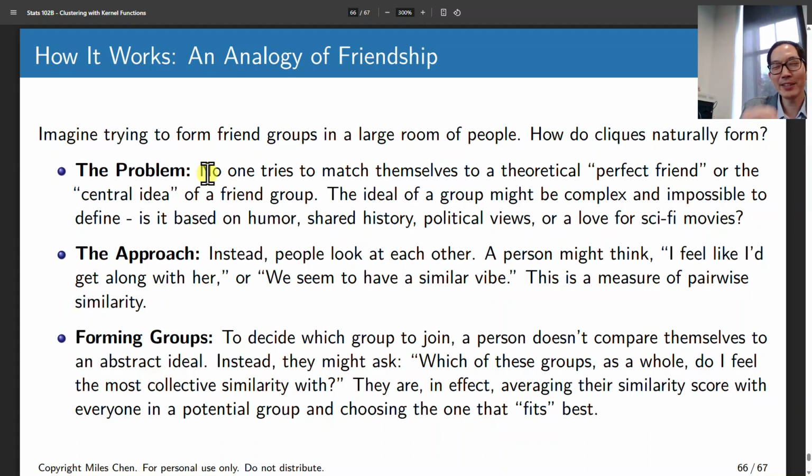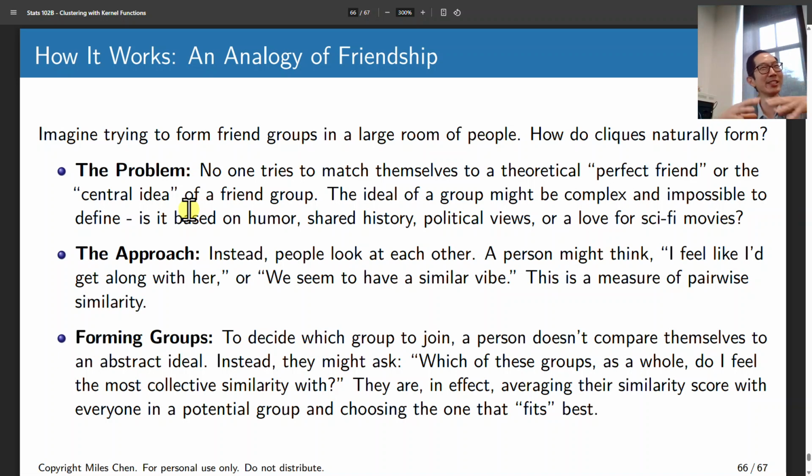The problem is that no one tries to match themselves to a theoretical perfect friend or the central idea of a friend group. In movies, it's convenient to just say these are the band kids, and therefore the centroid is this imaginary average band student.